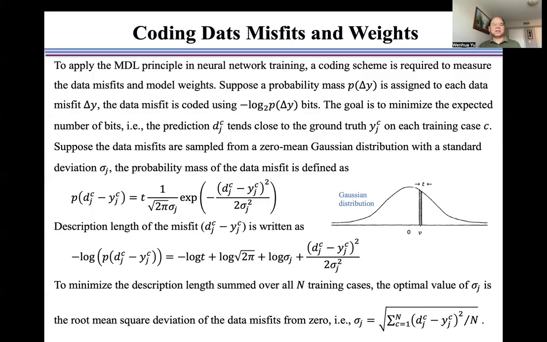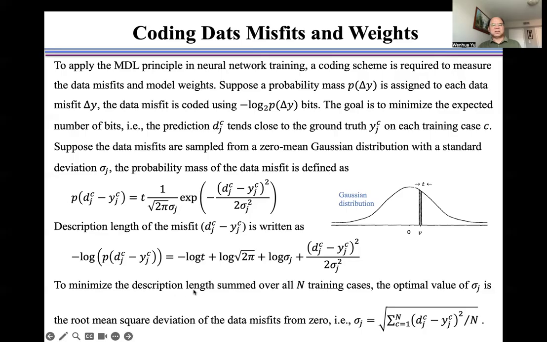Suppose the data misfits are sampled from a zero-mean Gaussian distribution with standard deviation sigma j. The probability mass of a data misfit is defined as here and explained in this figure. The description length of the misfit is written as here, which includes 4 terms.